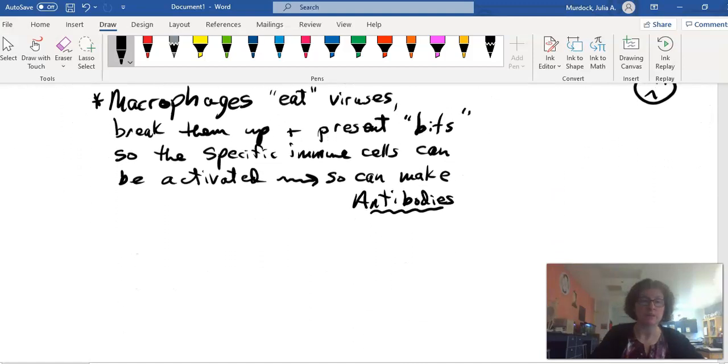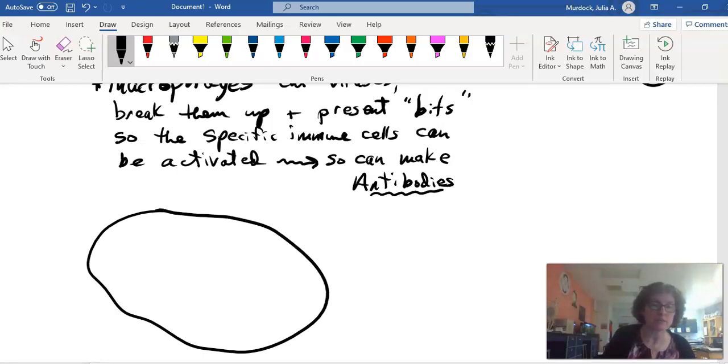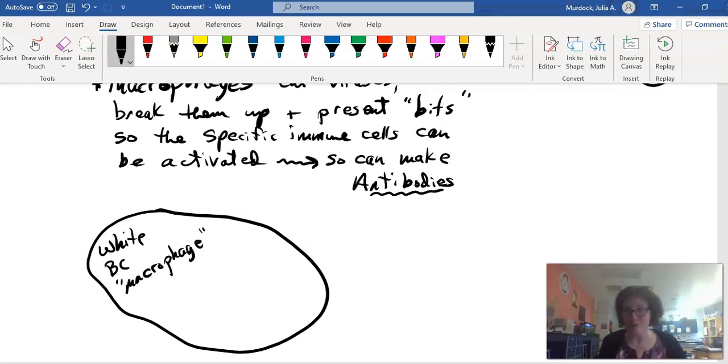So here's what's going on. We don't make antibodies in the nonspecific system, but you do have one cell, a big white blood cell called a macrophage. Macro means big. It's a big cell that eats other cells or eats things that look shady.